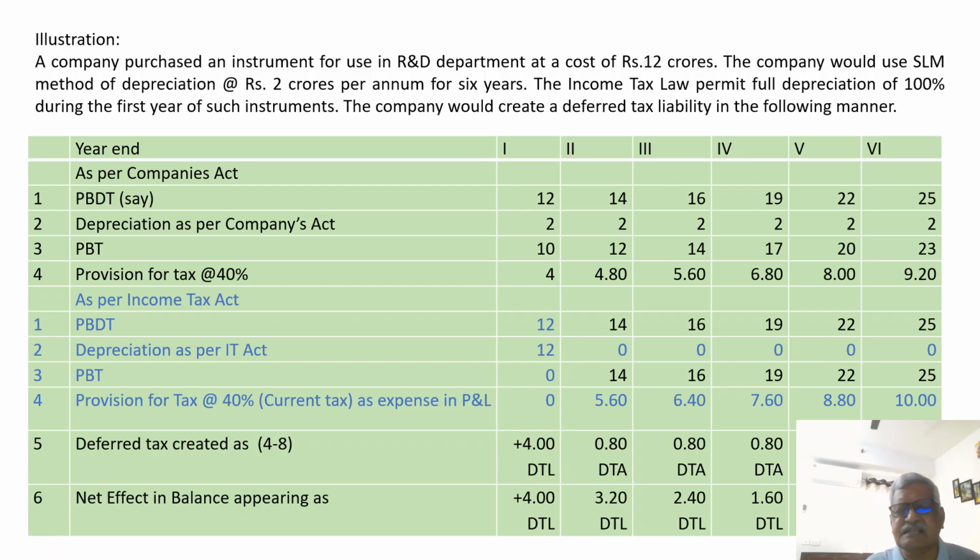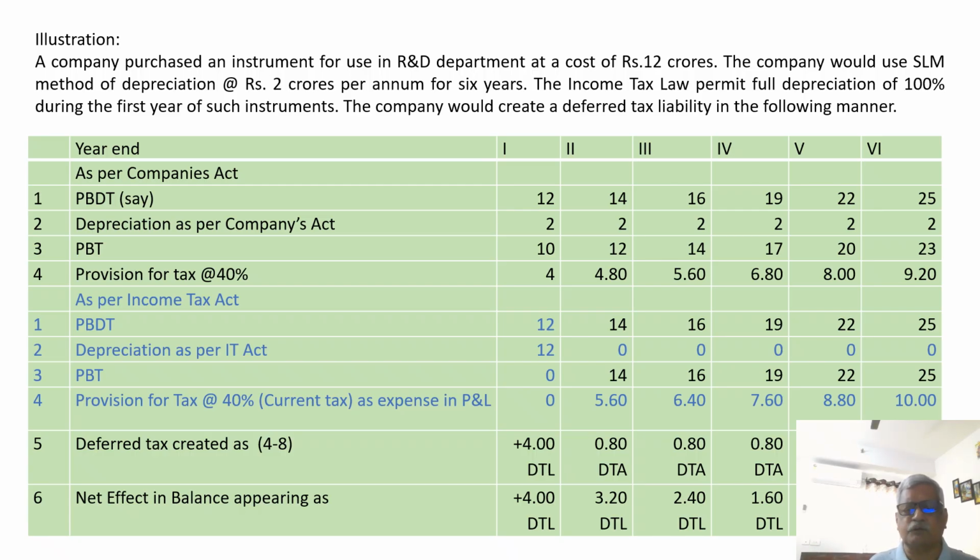Now look at the 6 years projection. As per Companies Act, say profit before depreciation and taxes is 12 crore, 14, 16, 19, 22, 25. Depreciation as per the Companies Act is 2 crores per annum. That is over a period of 6 years, the entire depreciation is applied.